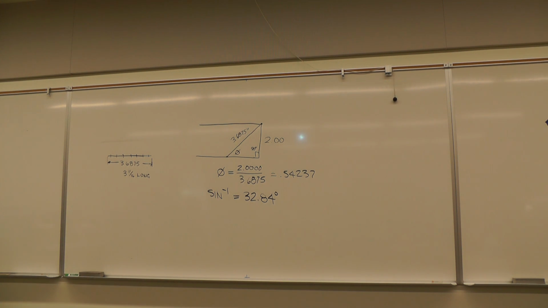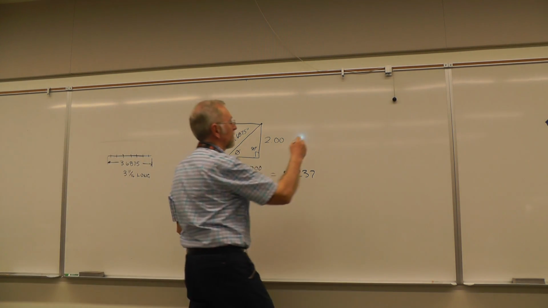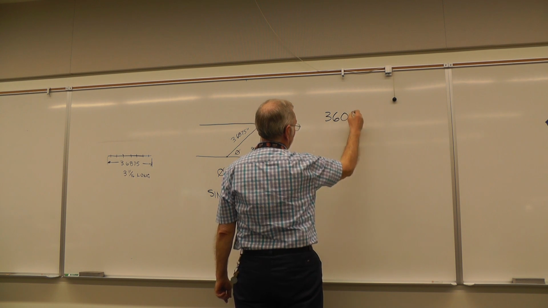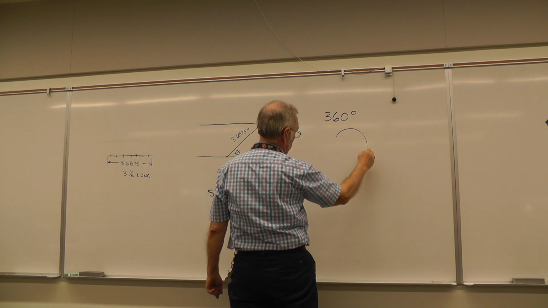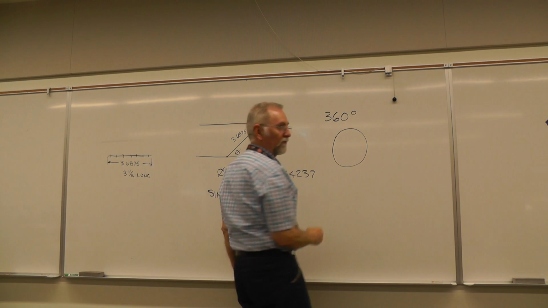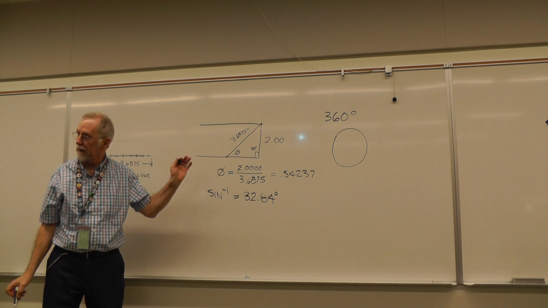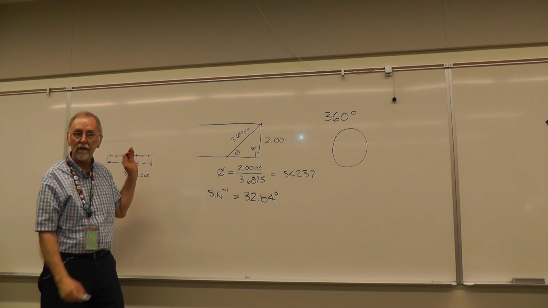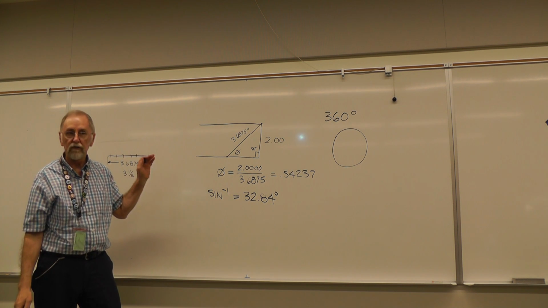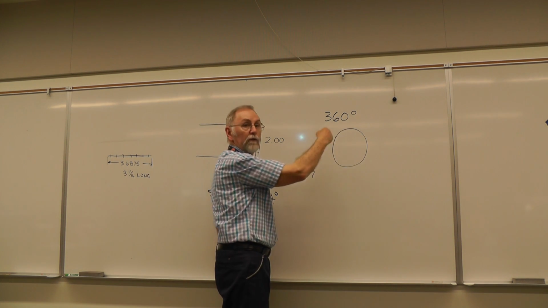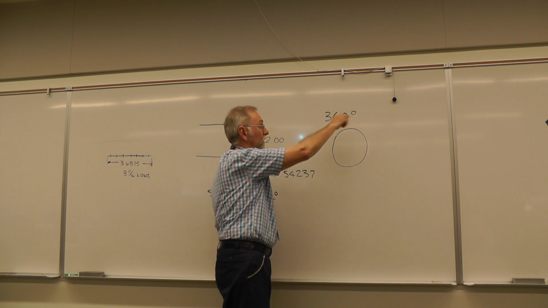How many degrees in a circle? 360. Very good. 360 degrees in a circle. Our chart, our displacement diagram that we are drawing, is how long? 12 inches. We're going to say that the circumference of the circle for the diagram is 12 inches around.